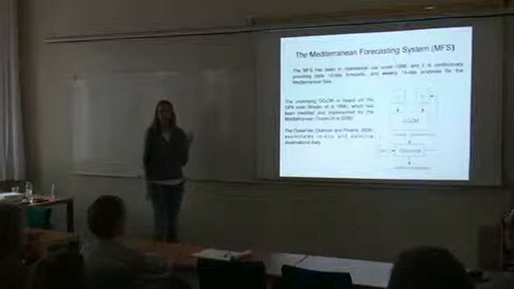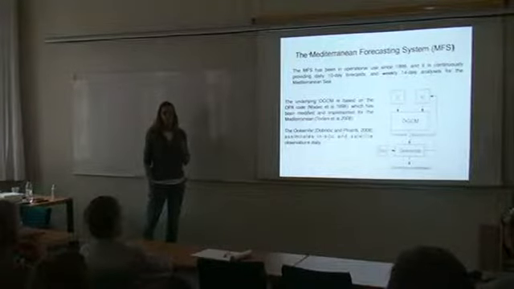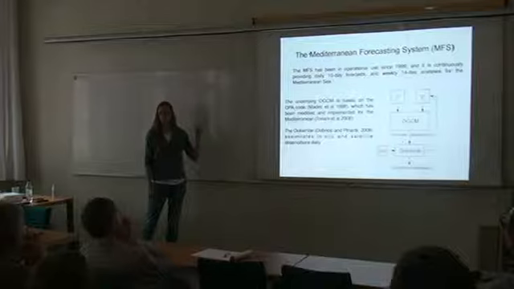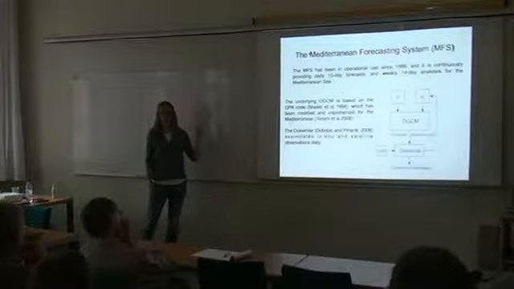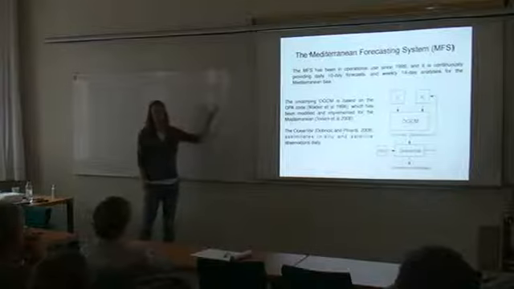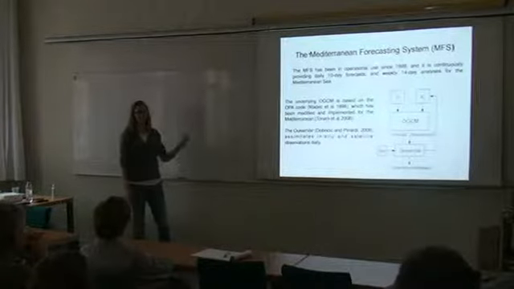At present, the official system is a NEMO version, which is nested in a global model, so it's not a closed box anymore. But these experiments are done with the old system.